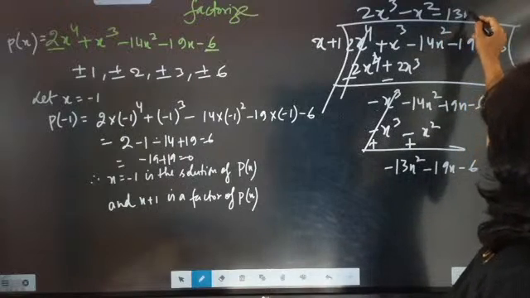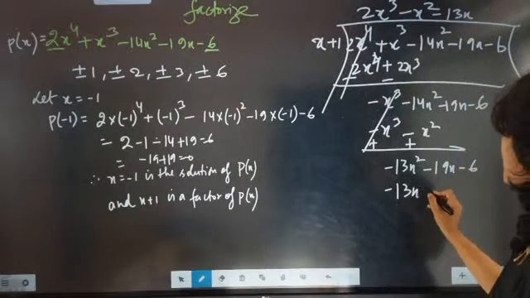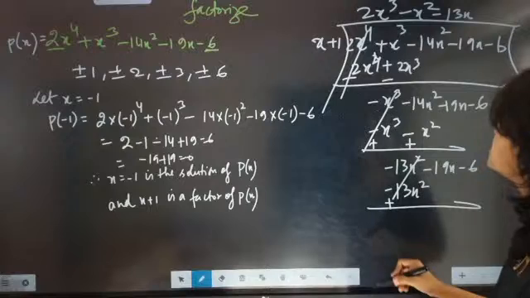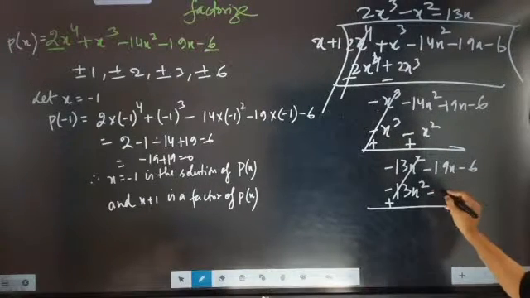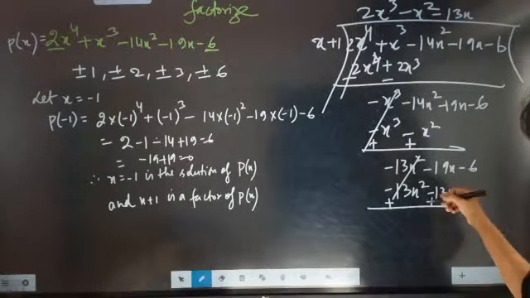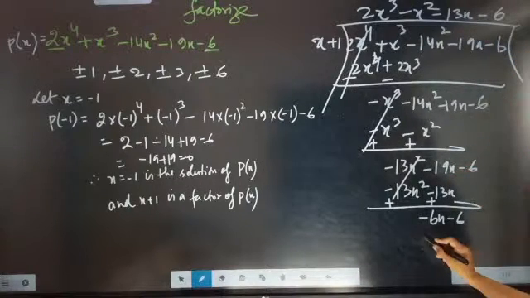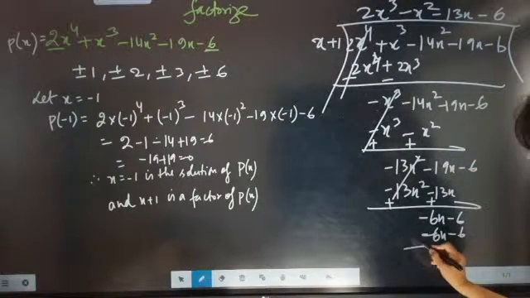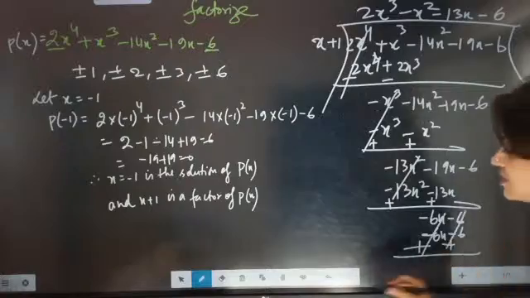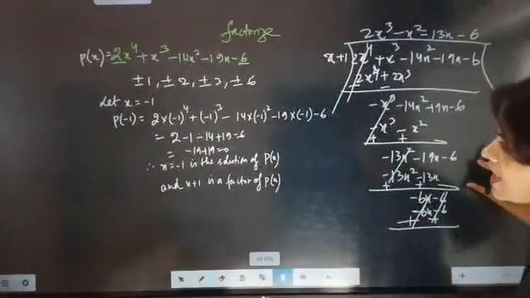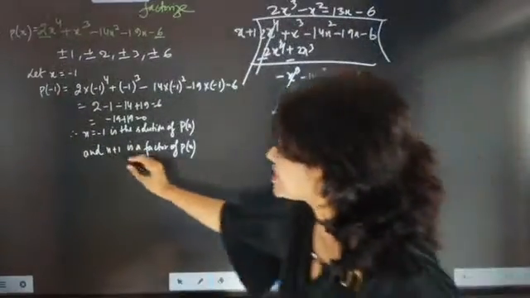Then minus 13x, cancelled, so minus 6x minus 6. Then minus 6, and plus and minus cancel. So we got one factor as x plus 1.